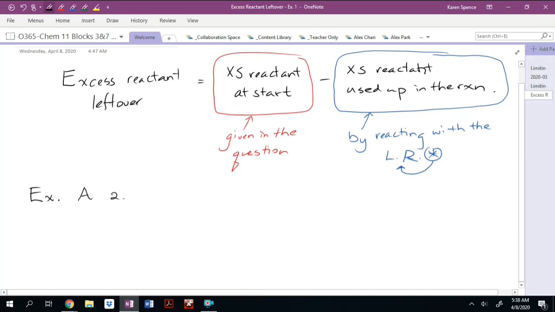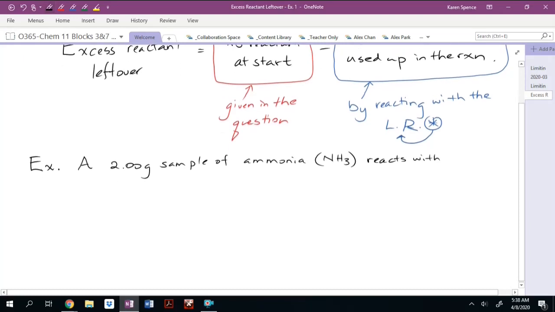A 2-gram sample of ammonia. And if you don't remember ammonia, it is NH3. That's worth memorizing. It reacts with 4.00 grams of oxygen.